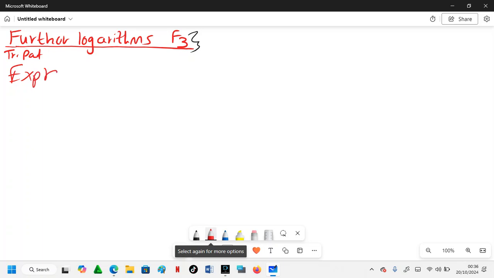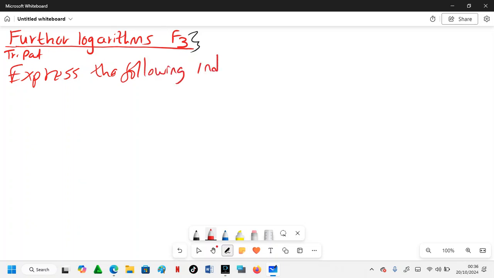Let's say, express the following indices in log notation. Let's say we have 2 power 3 is equal to 8.